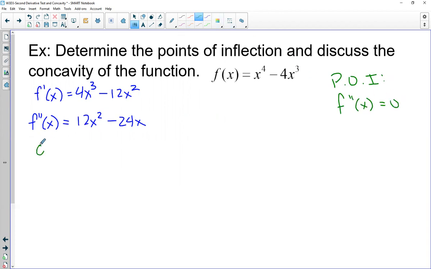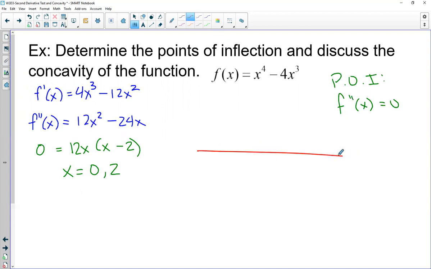So we're going to set our second derivative equal to 0, and then we're going to solve for our values of x. I'm going to go ahead and factor out 12x, so I have x minus 2. So I can see that my 2 points of inflection are going to occur at x equals 0 and x equals positive 2.